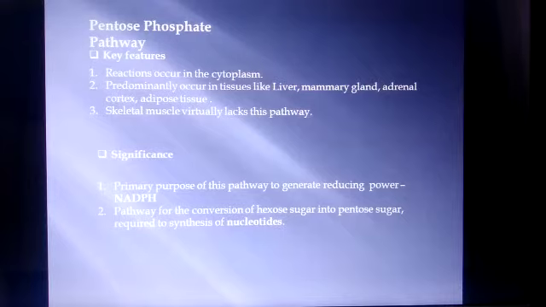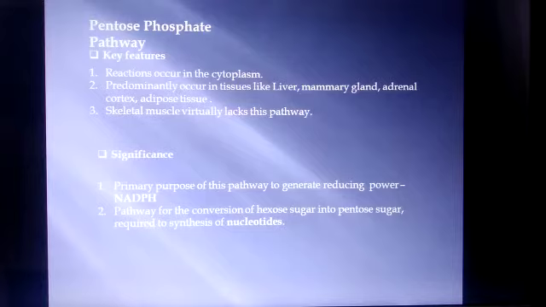Instead, it is a multifunctional pathway specialized to carry out four main activities depending on the organism and its metabolic state. Its primary purpose in most cells is to generate reducing power in the form of NADPH.